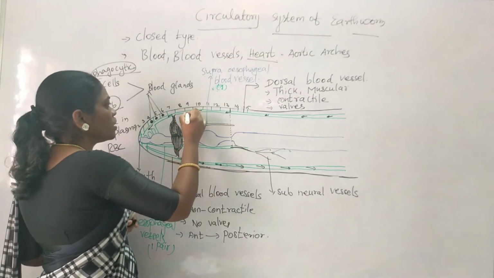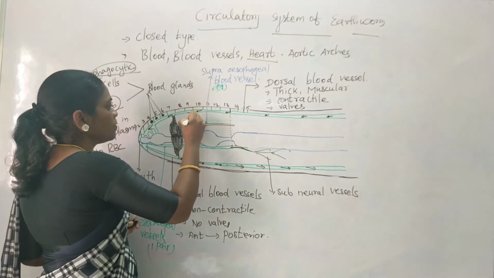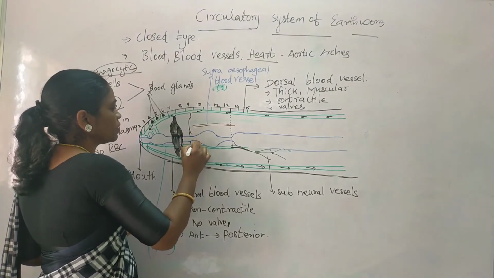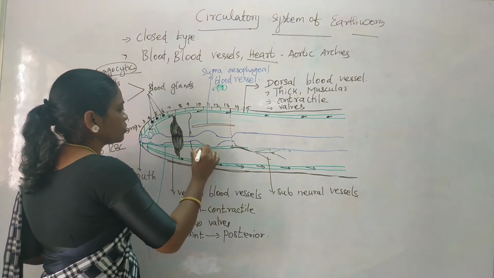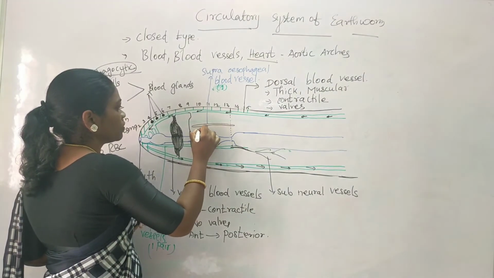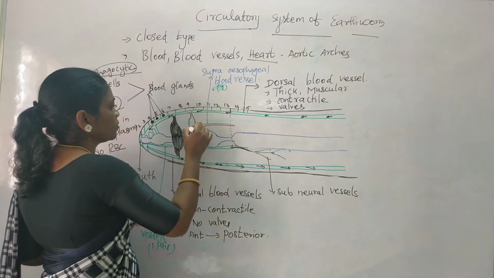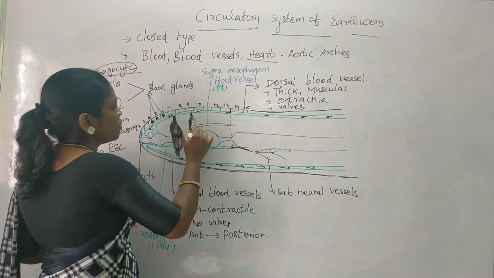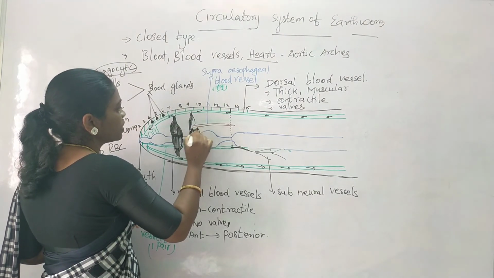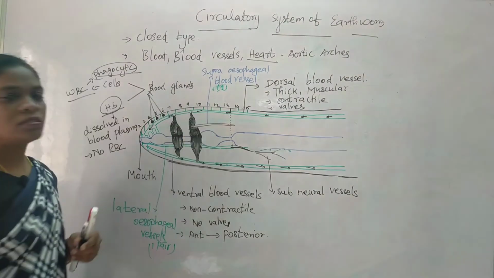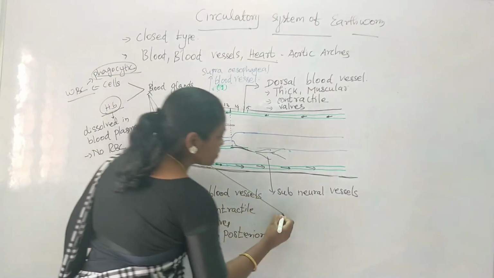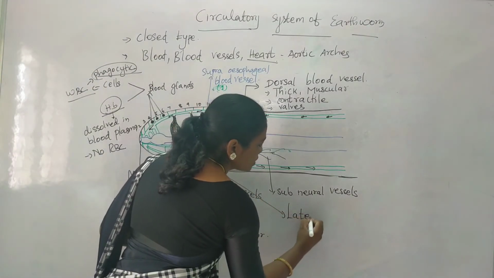On the 9th segment also you can find one more larger vessel. These vessels are known as lateral hearts. These are wider vessels, and they are also known as lateral hearts.